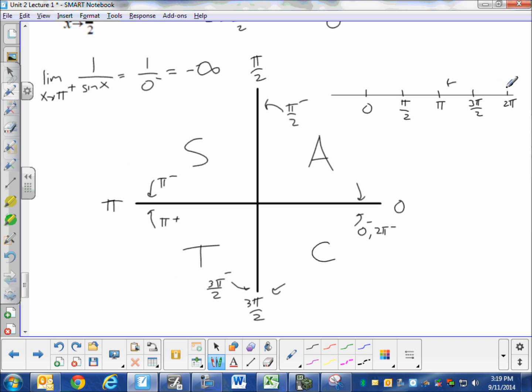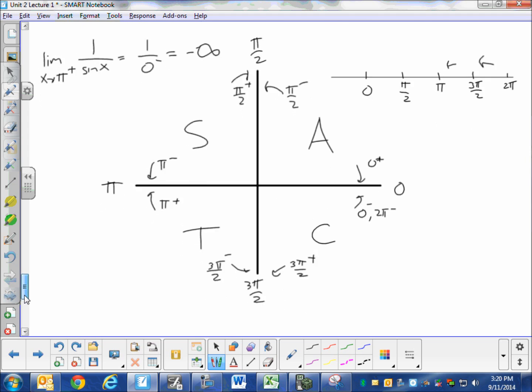Clockwise, we're coming from bigger values to smaller values, that is coming from the right. So from 2 pi to 3 pi over 2, this is 3 pi over 2 from the right, pi from the right, pi over 2 from the right, 0 from the right, or 2 pi from the right. Okay? So that might help you.